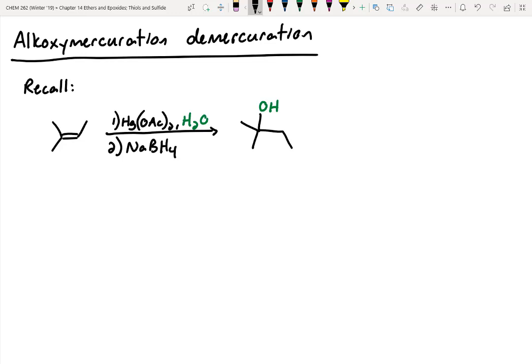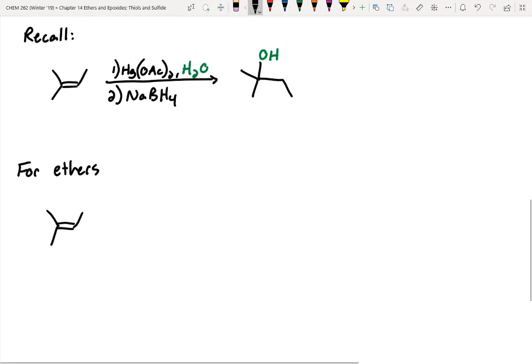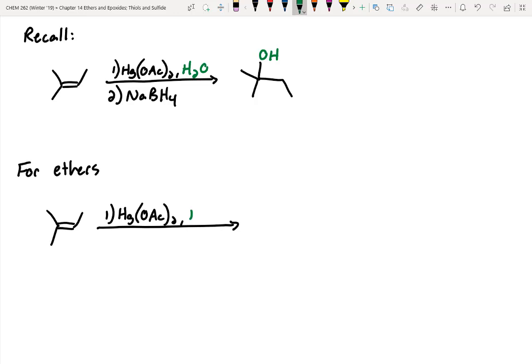You can do the same thing, however, by switching out water with an alcohol, and if you do that, you can end up forming an ether. So for example, we could take the same starting material. We can treat it with mercuric acetate, but this time instead of using water, we'll use some sort of alcohol.